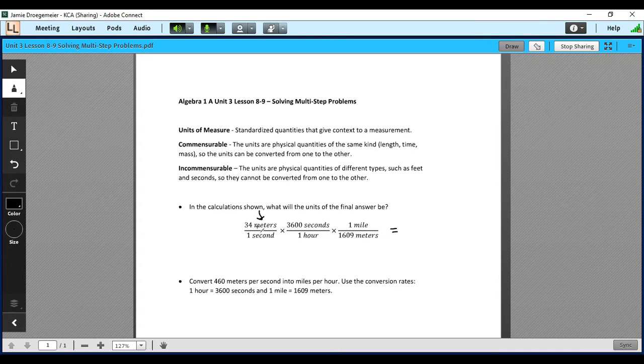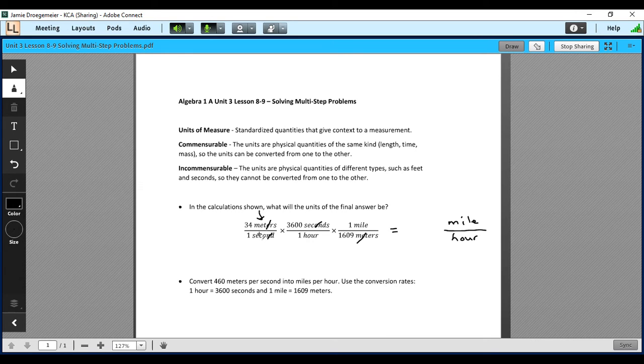And so when we multiply these together, the units that show up in both numerator and denominator, so seconds are in the numerator and denominator, meters are in the numerator and denominator, will cancel. When I multiply these together, I will only have miles left and I will only have hours left. And so my final measurement here is going to be a speed in miles per hour.